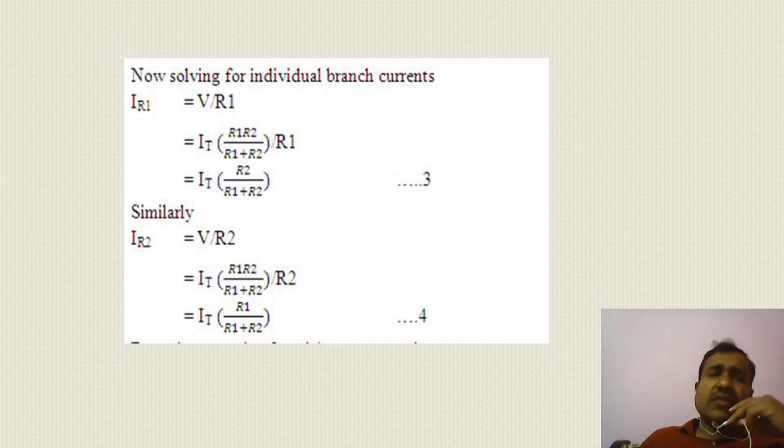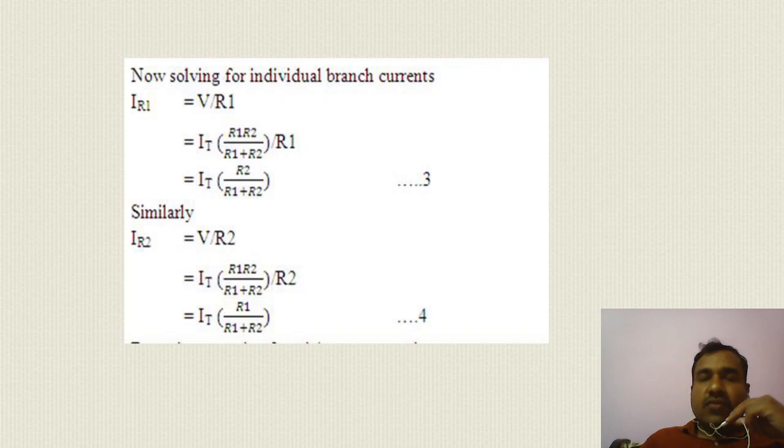Can you observe equation number 3 and equation number 4? In equation number 3, the current through resistance R1 is equal to total current into R2. For R1 I am getting R2, that is total current into R2 divided by total resistance R1 plus R2.